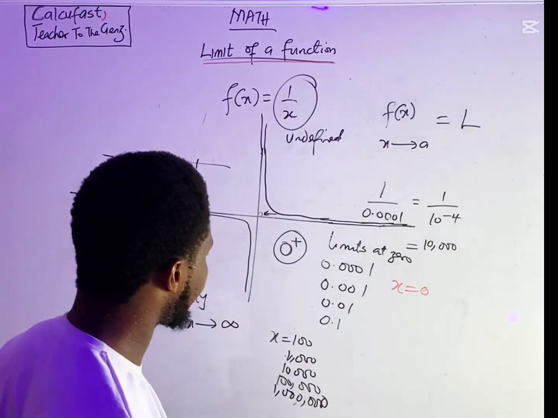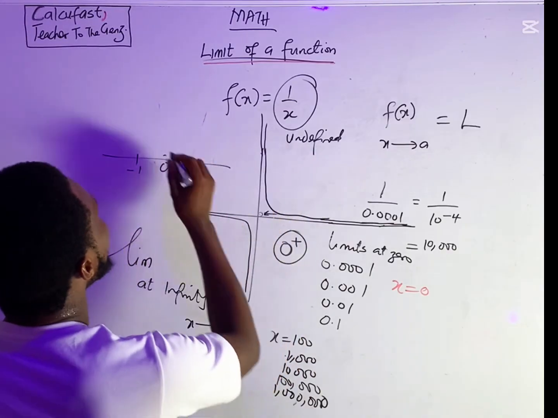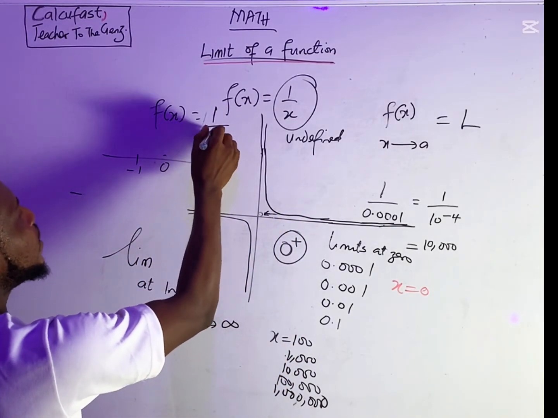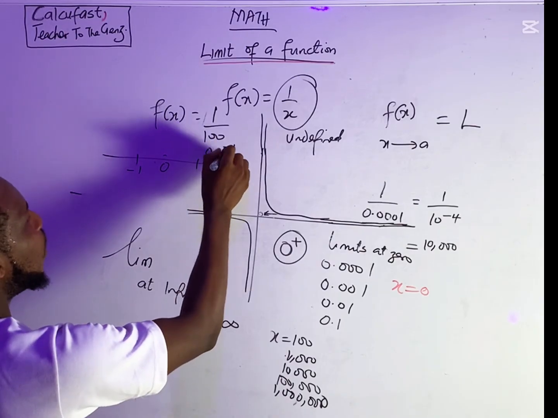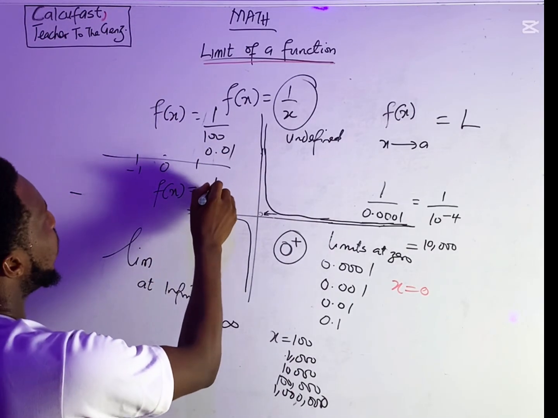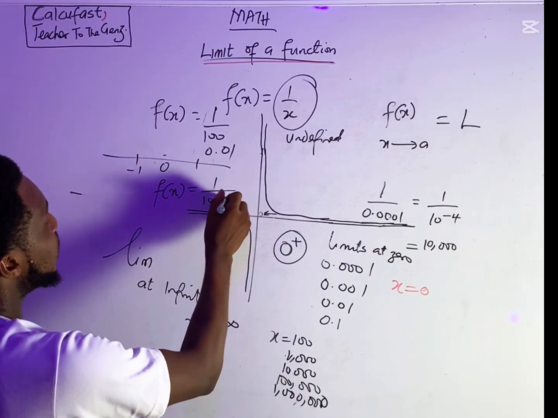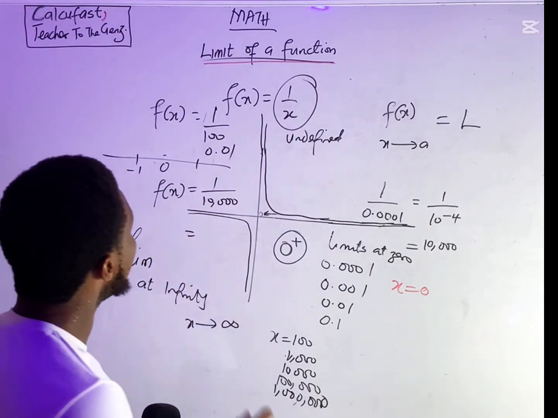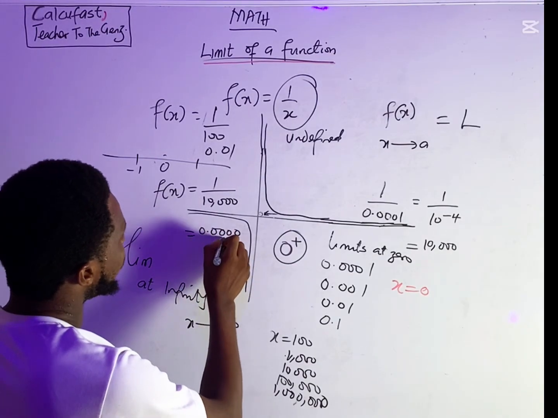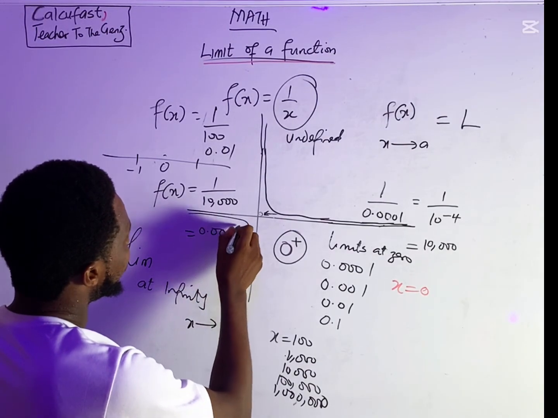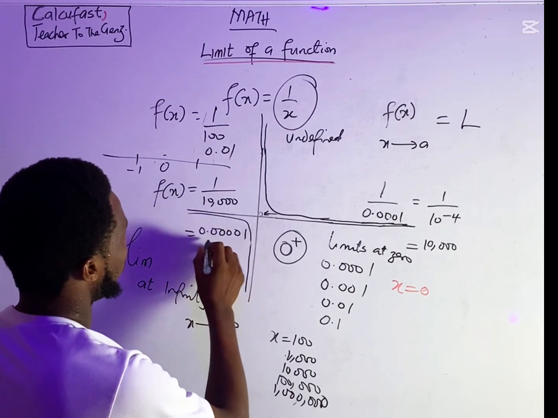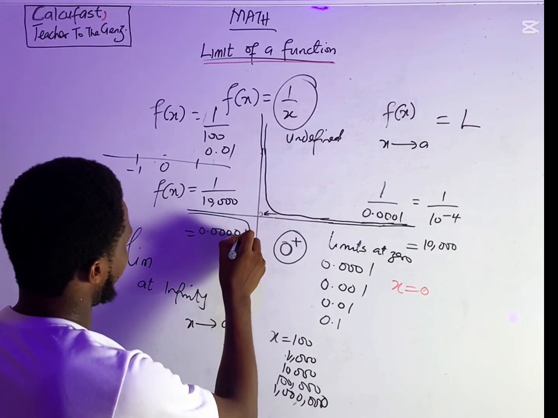It's not going to be exactly 0, but it's so extremely small that we are going to consider it to be 0. That's why if we have f of x equal 1 over x, at 100 this is 0.01, right? At 100,000 this is going to be 0.00001, 1 2 3 4 5.